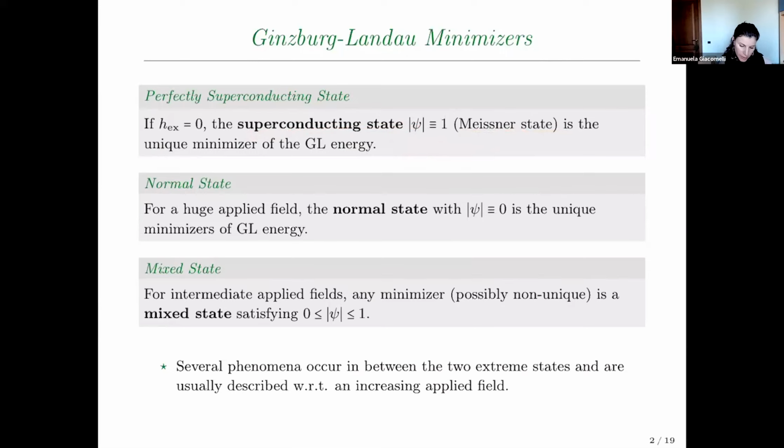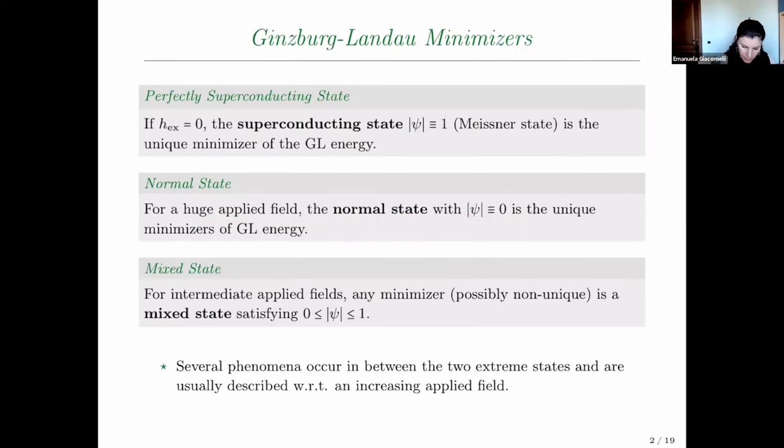On the opposite, if you increase enough the intensity of the external field, then the unique minimizer is given by what is called the normal state, in which the modulus of psi is equal to 0. So this means that there are no Cooper pairs. And A is such that the curl of A equals the external magnetic field.